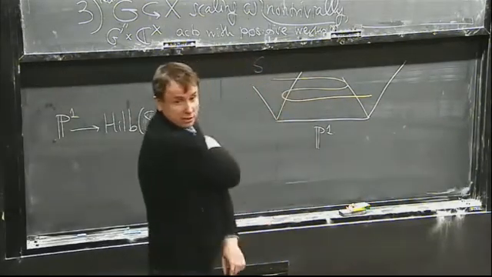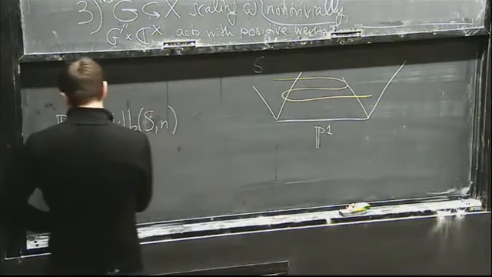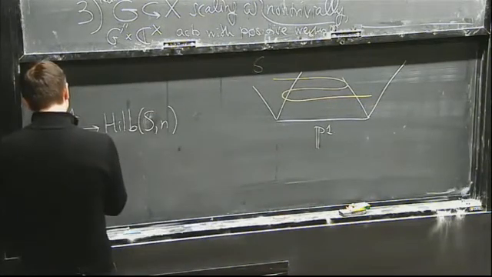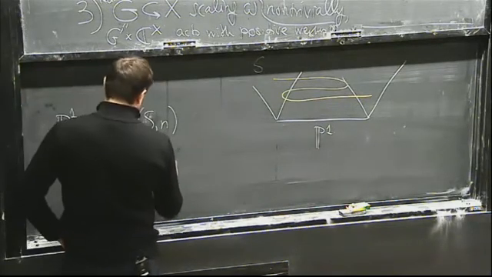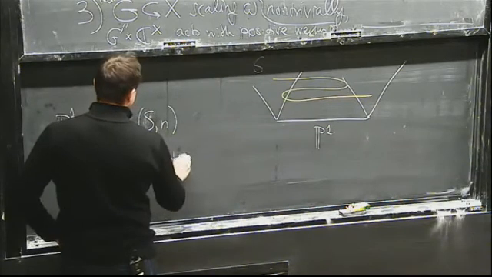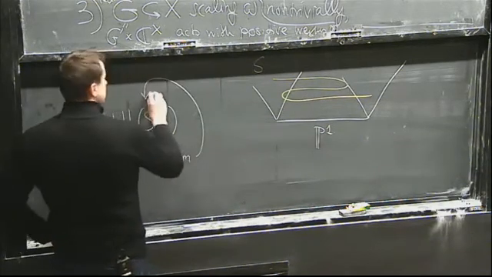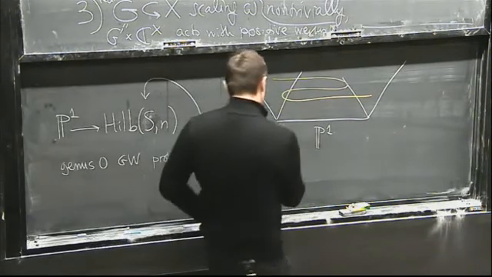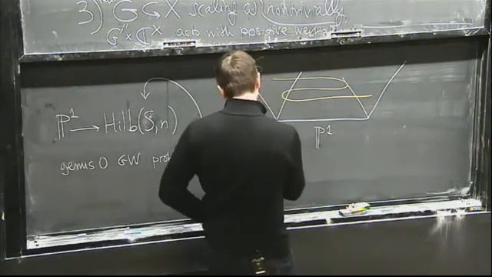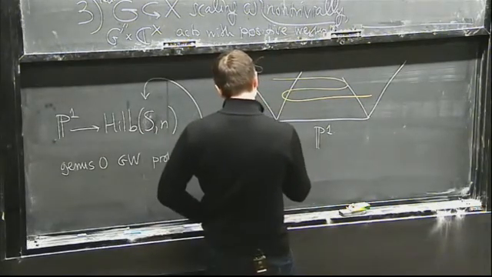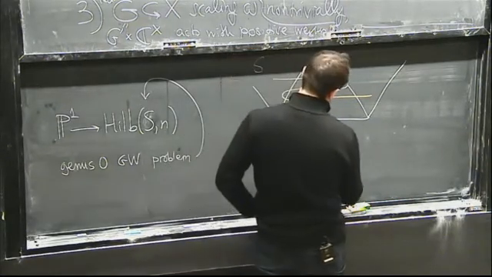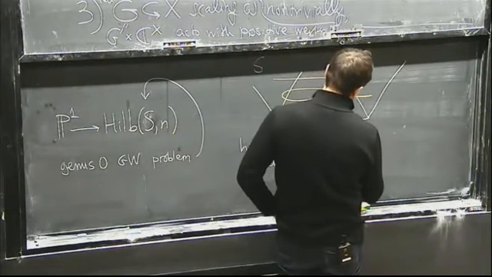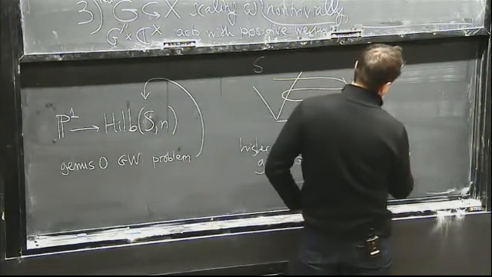So this would be genus 0 Gromov-Witten. This is a genus 0 Gromov-Witten problem that concerns this space, and this is a higher genus Gromov-Witten problem of a threefold.